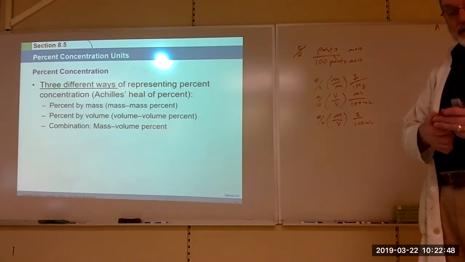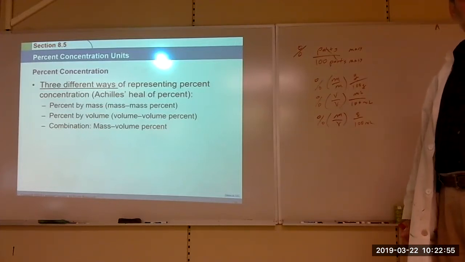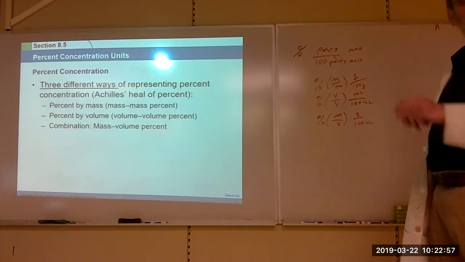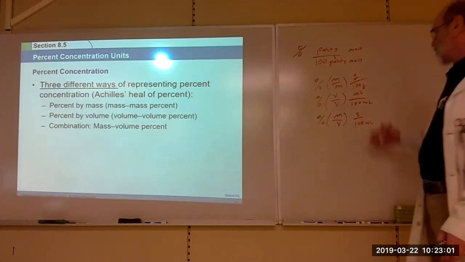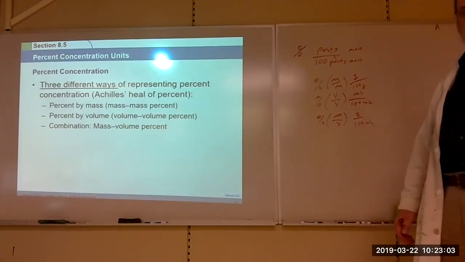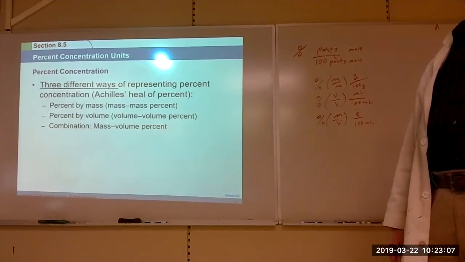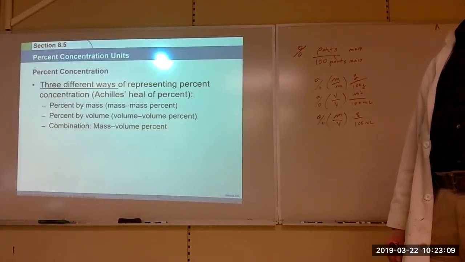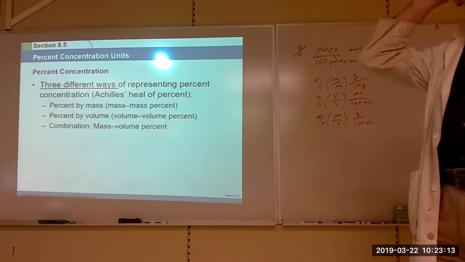And commercial products rarely tell you that difference. For instance, when you go to buy vinegar, you look on the side of the bottle, what does it say? It doesn't even say percent. Well, it does say percent, but it doesn't say the units. It just says 5% acidity. Then you scratch your head. What are they talking about?